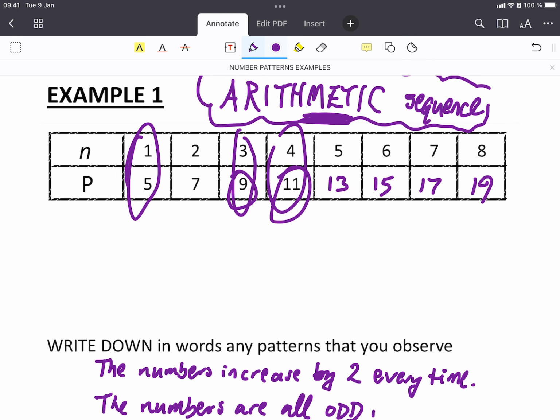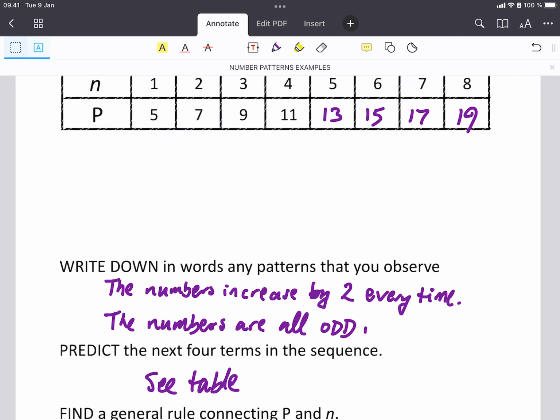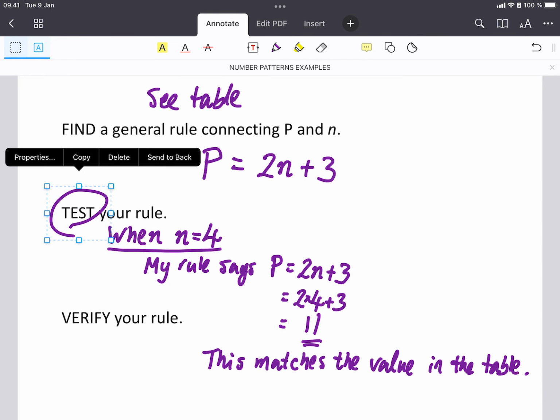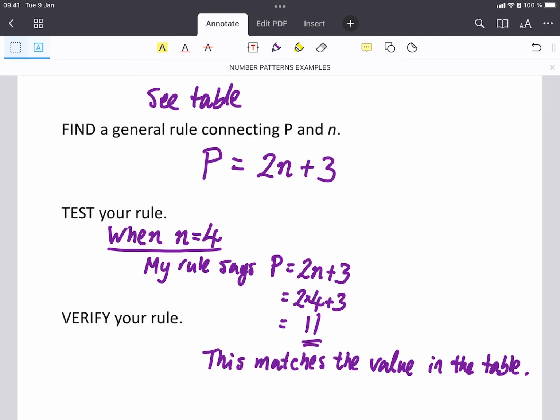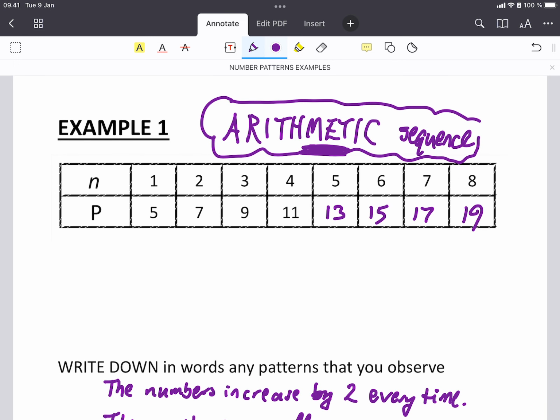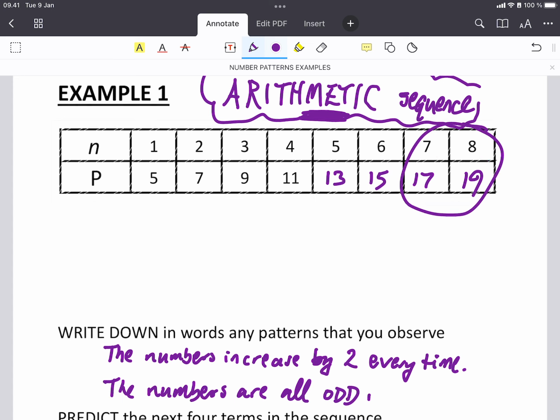Now, let me just delete that lot, tidy up a bit. When they ask you to verify your rule, it's exactly the same thing, but you are doing it for the part of the sequence where you predicted some of the values. So I might, for example, do it for 7 and for 8.